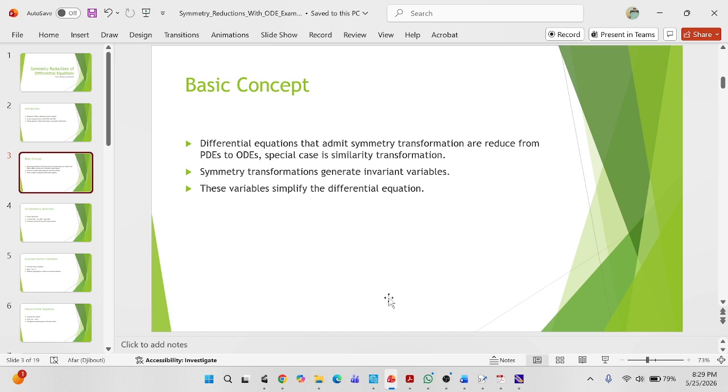A special case is the similarity transformation. If a PDE admits scaling symmetry, that scaling symmetry gives us a similarity transformation which reduces the PDE system to an ODE system.